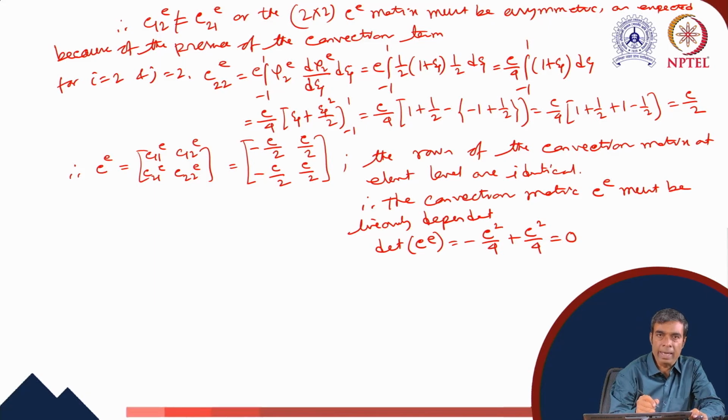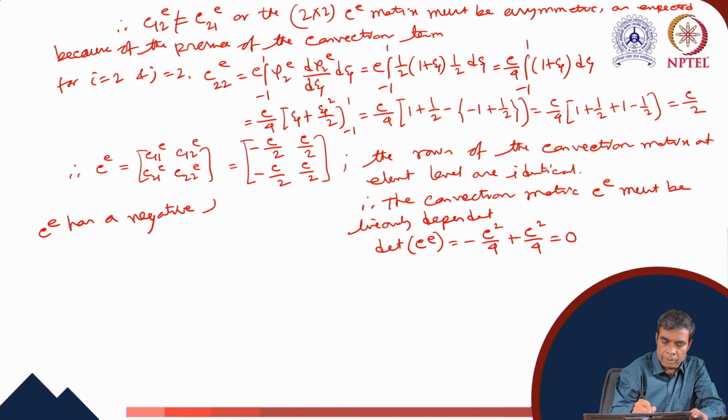Then we find another feature: CE has a negative term on the diagonal.